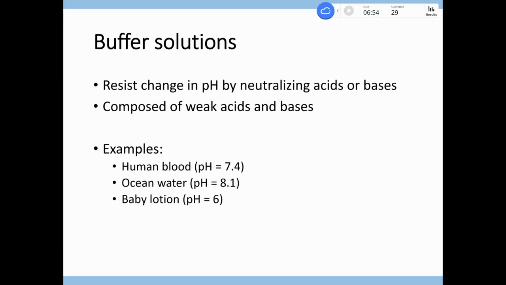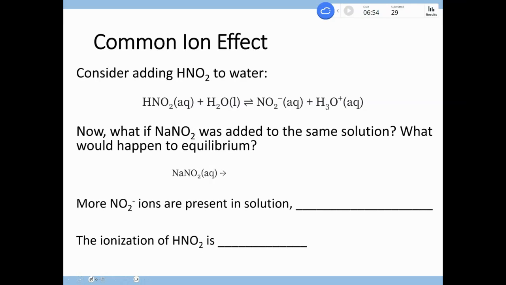And so an example of creating a buffer solution, well, we need to consider the common ion effect. So if you were to add HNO2 to water, now note that this is a weak acid. It's not on our list of strong acids. HNO3 is a strong acid. HNO2 is a weak acid.